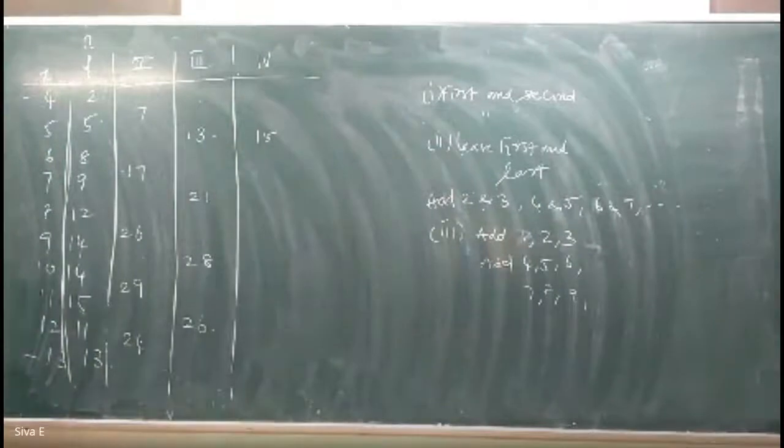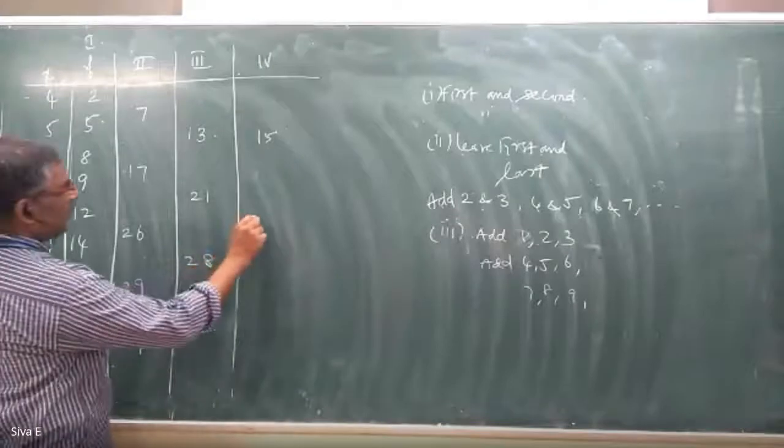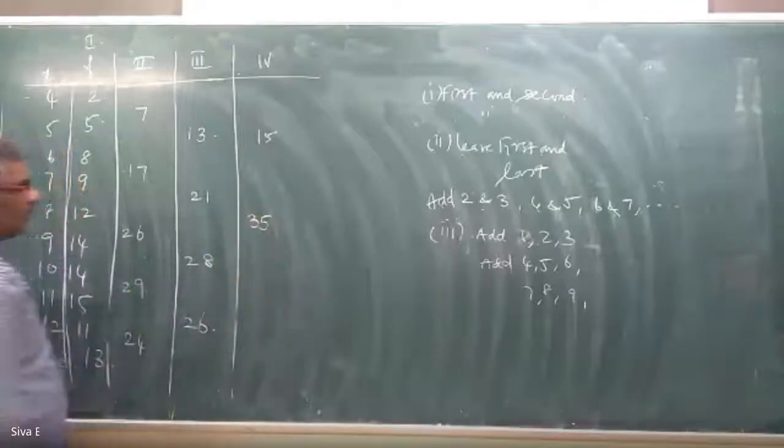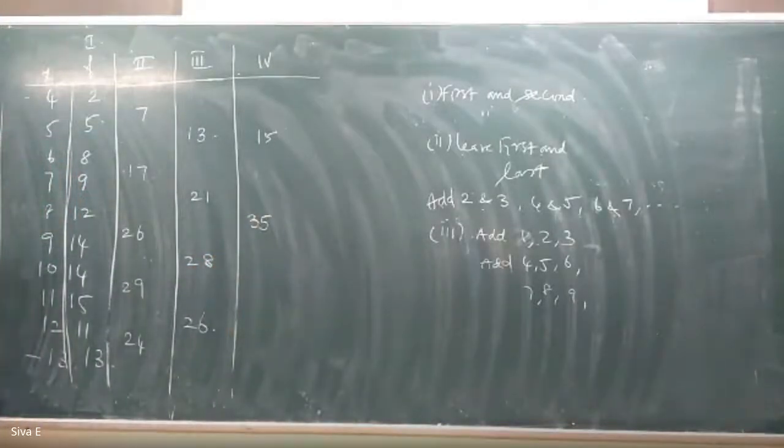The next column is adding three items: 15, then 35, and next adding the next 3 items.